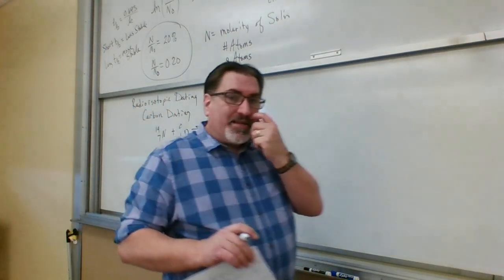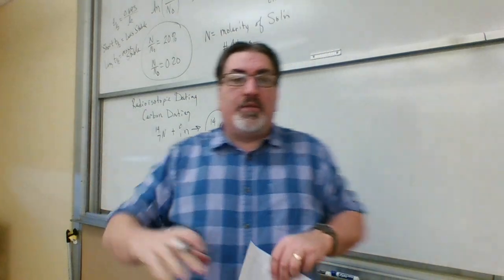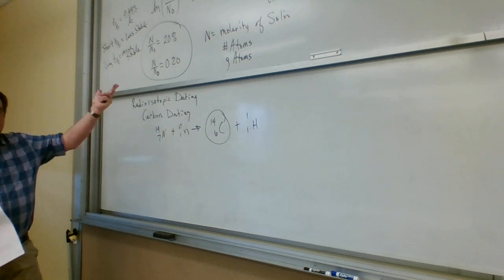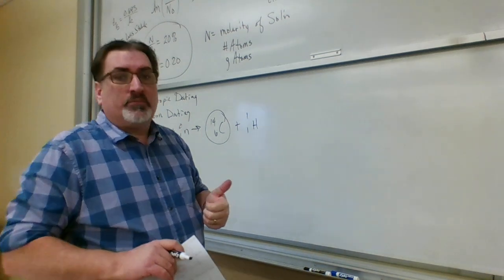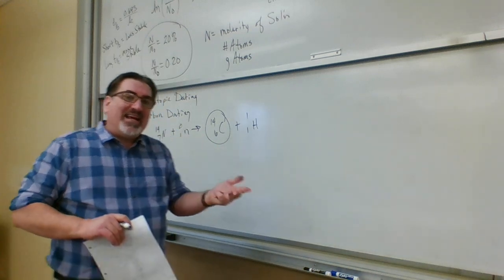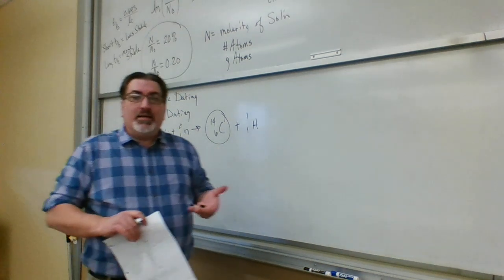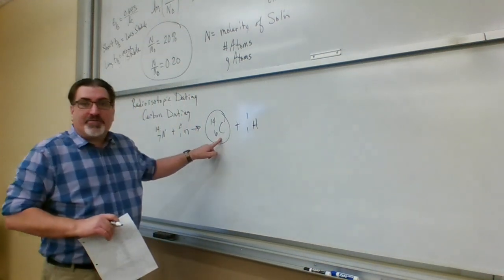Now there are some things that we have to keep in mind as we do carbon dating. The equations work great. There's nothing wrong with the kinetics equations. Natural log of N over N0 equals minus kt works. But we do have to take some of this with a grain of salt, because what we're presuming is that over time, the concentration of carbon-14 in the atmosphere has not changed.